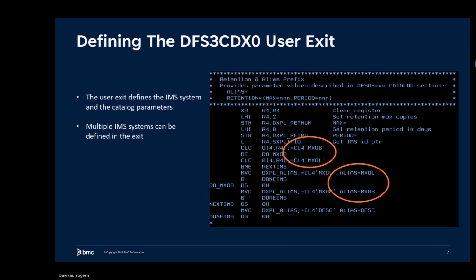Using this exit will let you define multiple catalogs with aliases and specify the parameters for them. So if you have a Plex and you want to use multiple ACBs, multiple catalogs, they can all be defined here in the exit. And if the exit finds one of these catalog entries, one of these databases, datasets, then it'll go ahead and process as managed ACBs. Next slide, please.